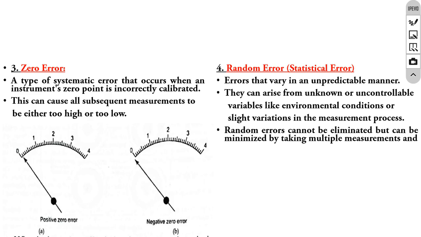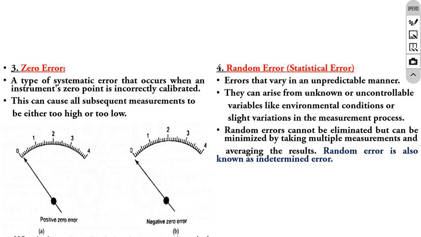Random error cannot be eliminated but can be minimized by taking multiple measurements and averaging the results. So that's why whenever we are taking reading, we take the first one, take the second one. Probably if we have time, we can take the third one and then we take the average. We do that to minimize this kind of error. So random error is also called indeterminate error. In case you come across a word like indeterminate error, it still means the same thing as random error.